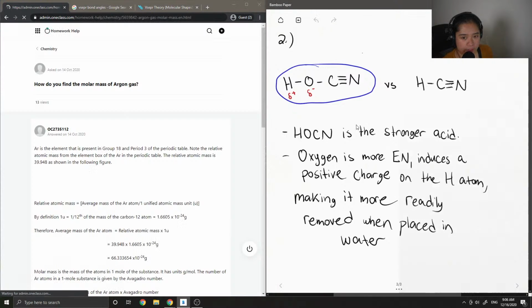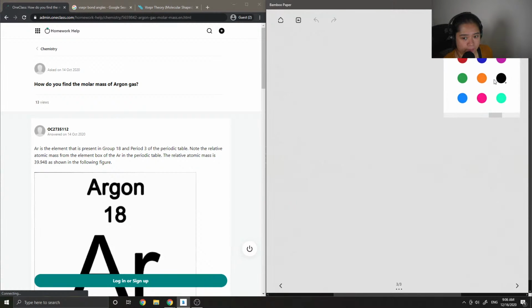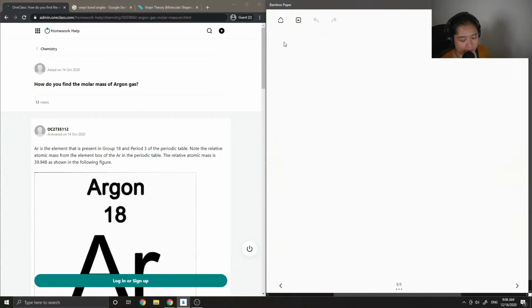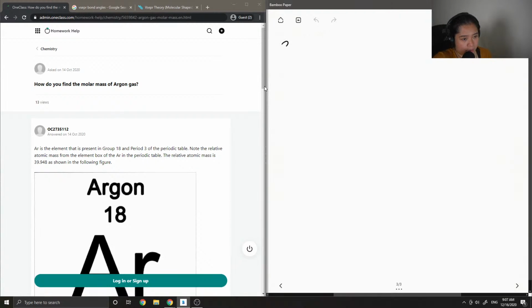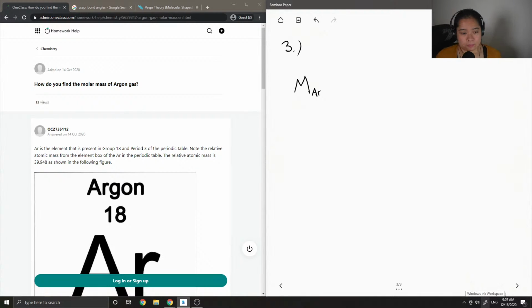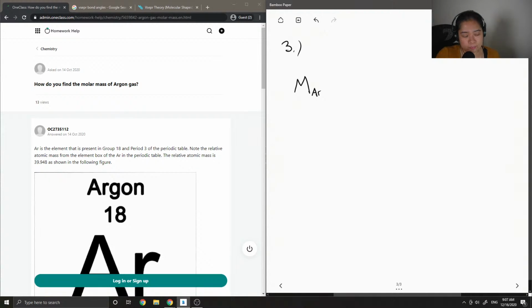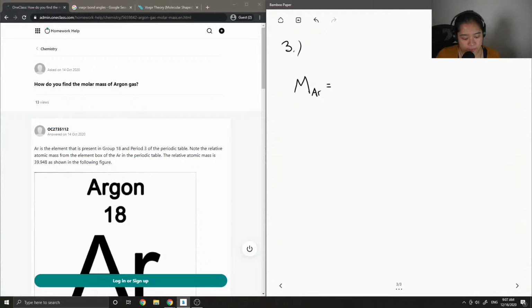And we can move on to question number 3. How do you find the molar mass of argon gas? So luckily for us, argon is just a single element that you can find on the periodic table. And on the periodic table, they'll give you different values.